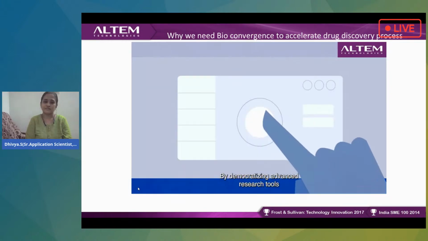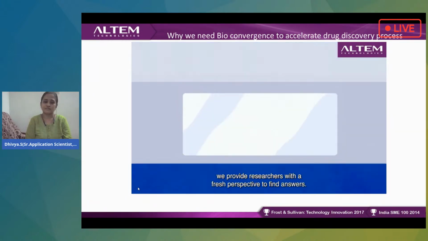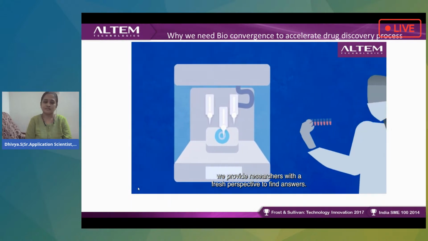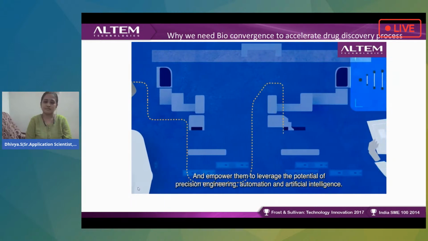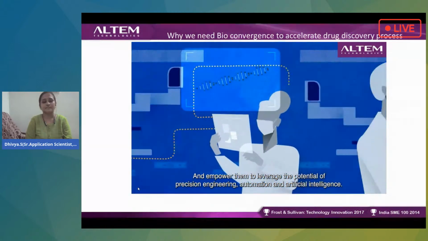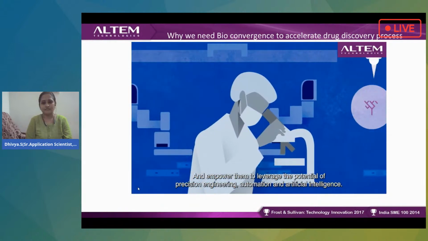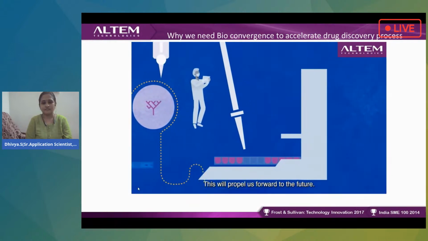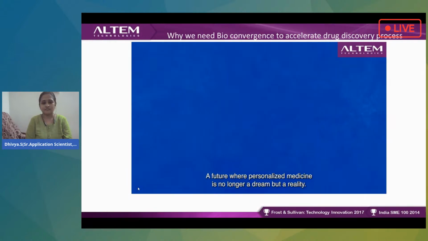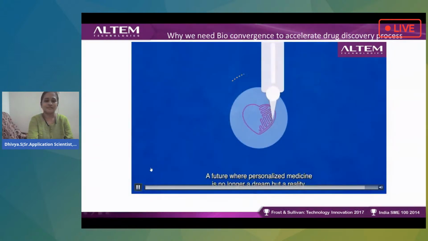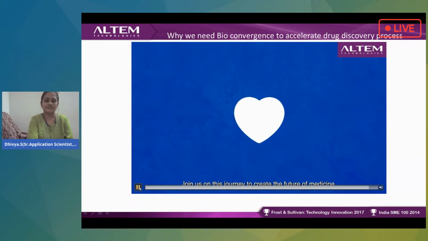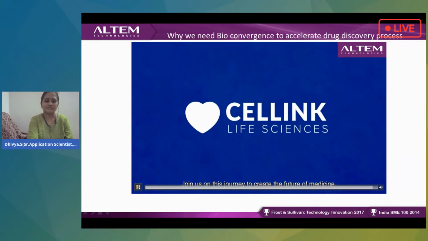By democratizing advanced research tools, we provide researchers with a fresh perspective to find answers and empower them to leverage the potential of precision engineering, automation, and artificial intelligence. This will propel us forward to the future, a future where personalized medicine is no longer a dream, but a reality. Join us on this journey to create the future of medicine.